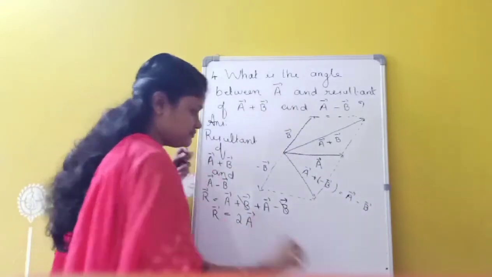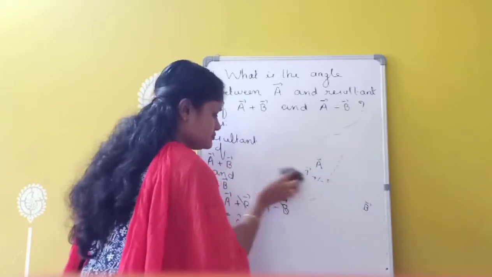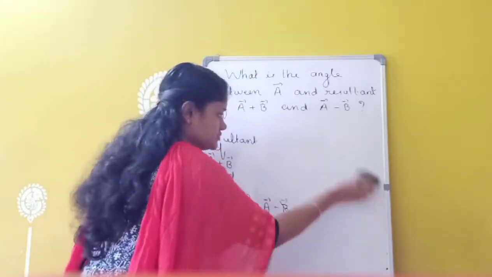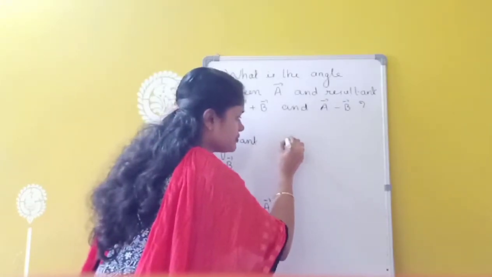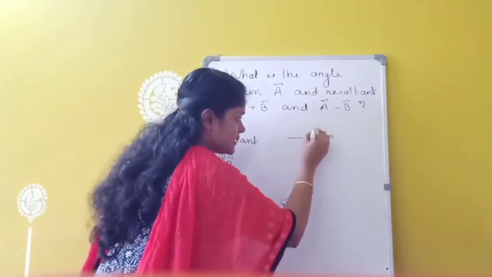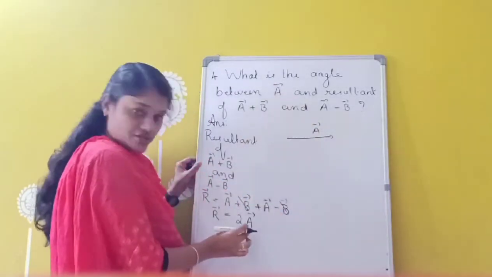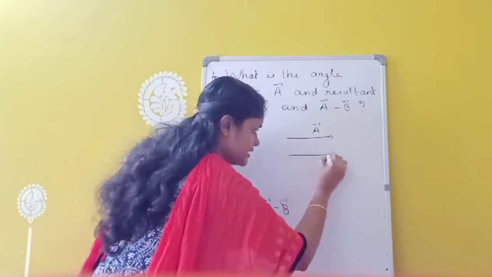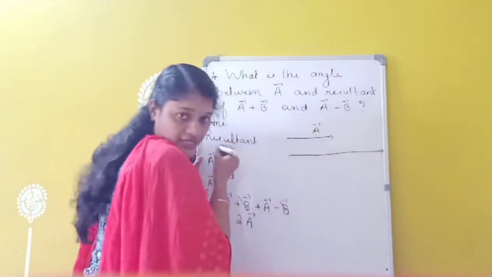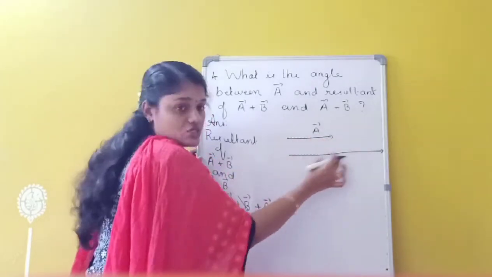So we have to find the angle between vector A and 2 vector A. Suppose this is vector A, and we have to find the angle between this vector A and 2 vector A. 2 vector A means the vector will be in the same direction, but what about the magnitude? It is twice.